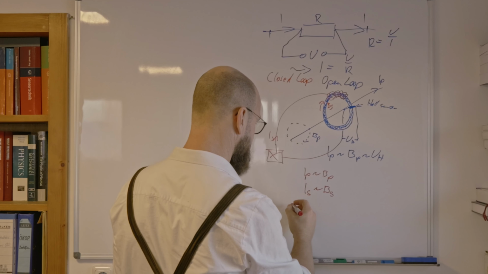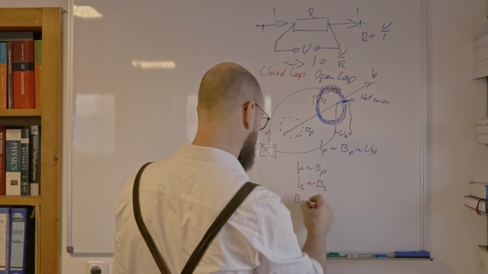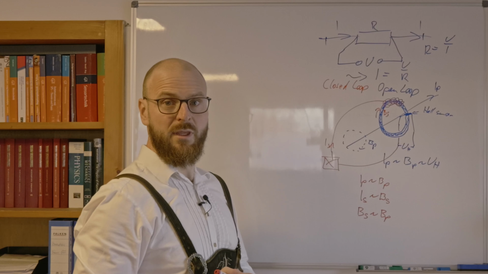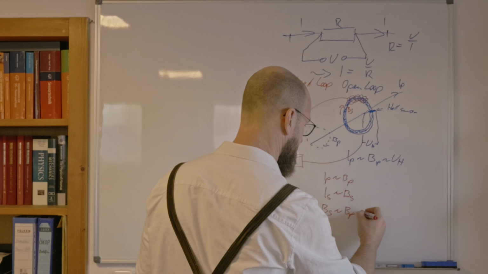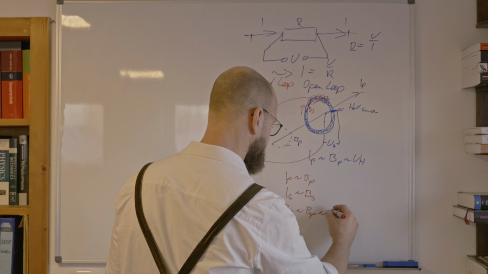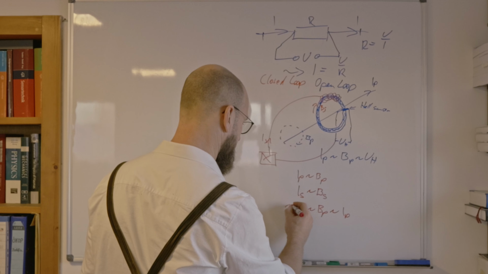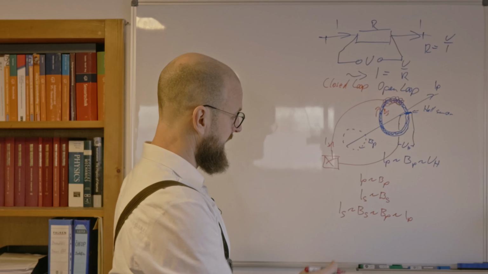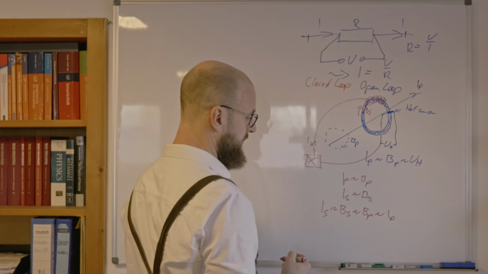Meaning, we choose that the secondary magnetic field is directly proportional to the primary magnetic field, meaning we have some connection of our secondary current over here directly to the primary current.